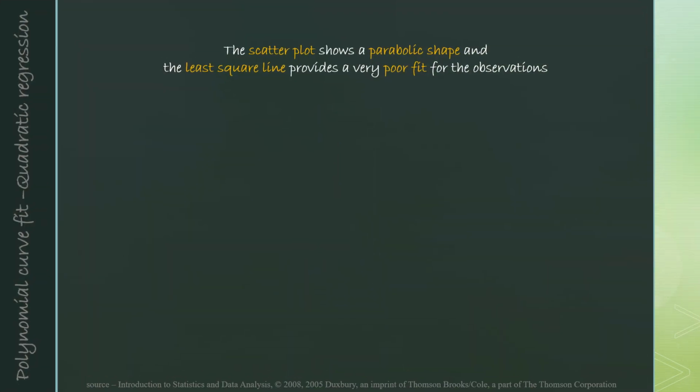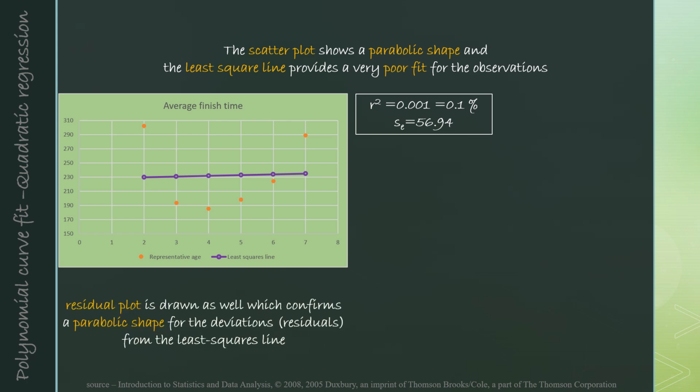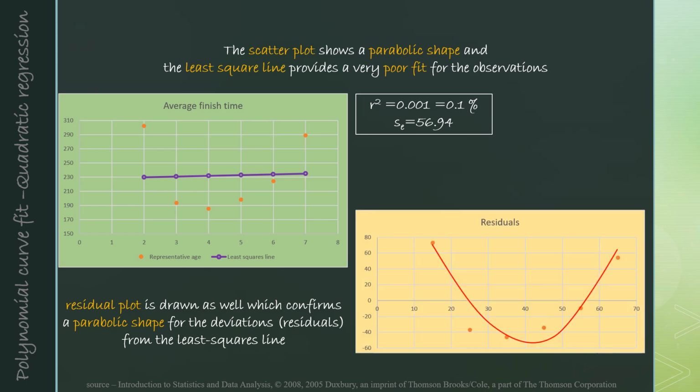The scatter plot shows a parabolic shape and the least squares line provides a very poor fit for the observations. R square equals 0.001, which is a very mere 0.1%, and SE equals 56.94, which is a very high value. Residual plot is drawn as well, which confirms a parabolic shape for the deviations, that is residuals, from the least squares line.